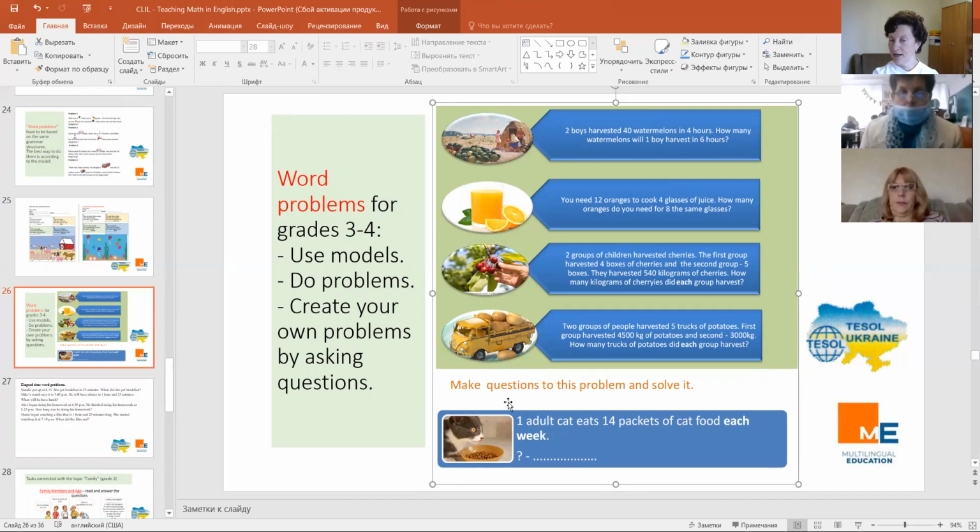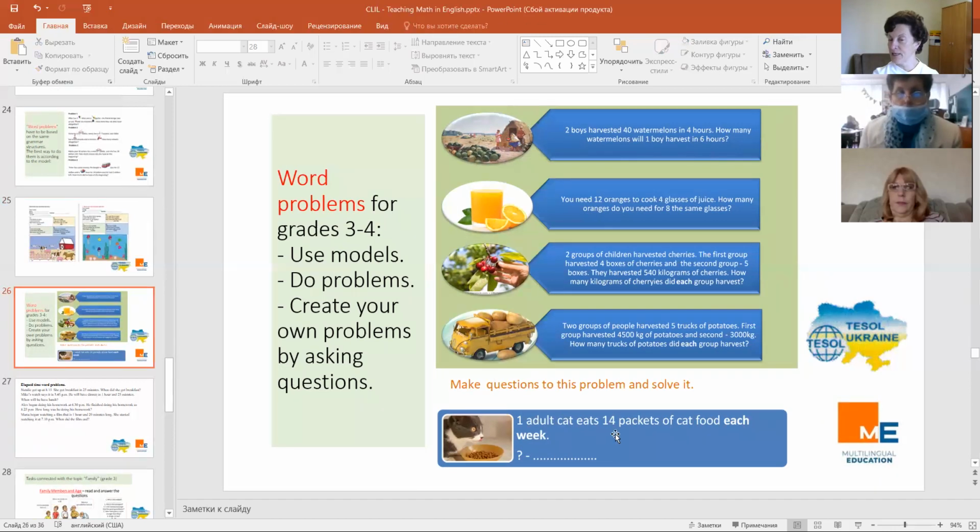When we have a statement, for example, one adult cat eats 14 packets of cat food each week, kids have to create questions. This is a great task for the kids of the third and the fourth grades, because they create questions like how many packets you need for 5 cats, or how many packets of food does each cat eat every day.